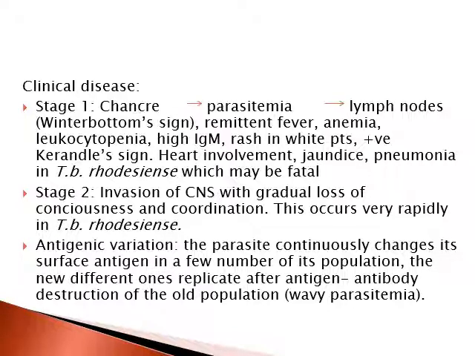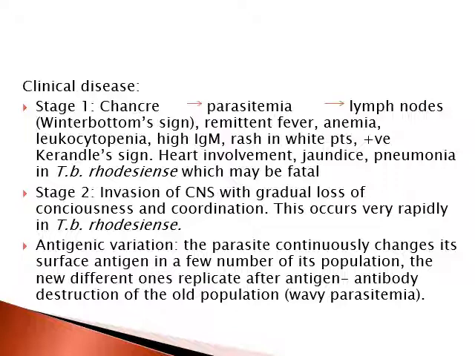So some of the parasites change their surface antigen form, so in a small number of the population, the new different ones replicate after antigen-antibody destruction of the old population. So we have wavy parasitemia.